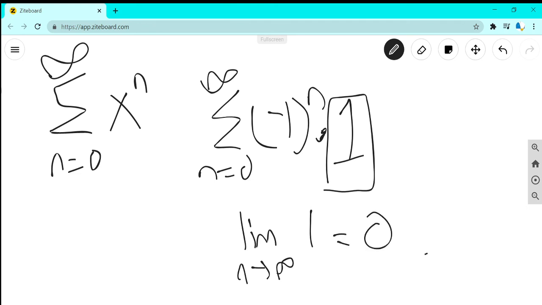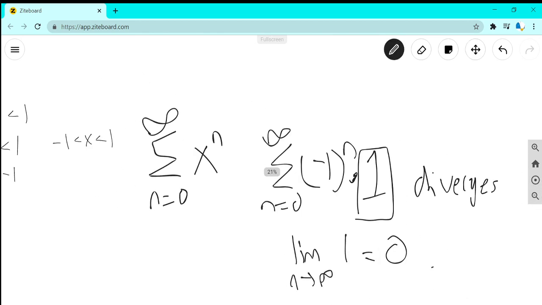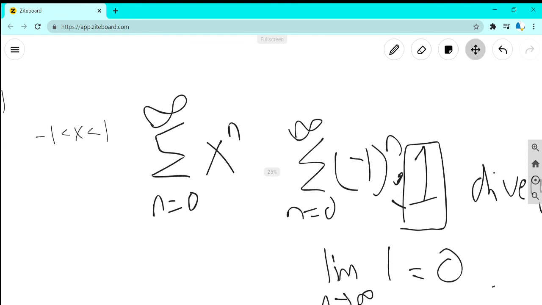Of course not, because it's still going to be 1 all the way. So the first condition already doesn't work, and both conditions have to work, so this series diverges. That means -1 is not included in the interval, so on this less-than-or-equal sign you're not supposed to have a line under it.